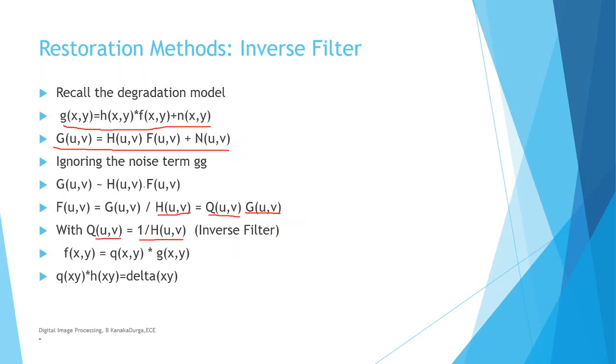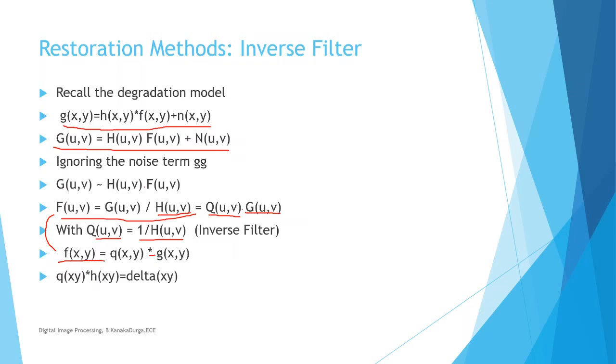How can I write this in the spatial domain? This is up to the frequency domain. How you can convert to the spatial domain: f of x comma y is equal to q, where small q represents the spatial domain. So q of x comma y, multiplication will be converted to the convolution property.